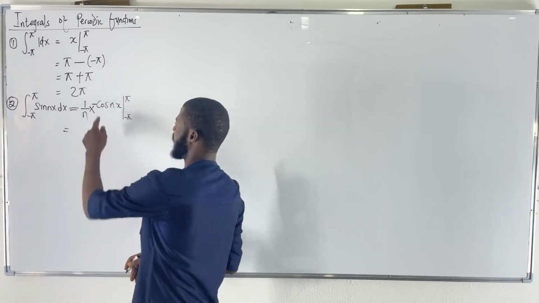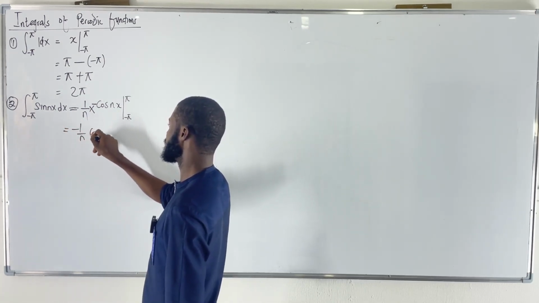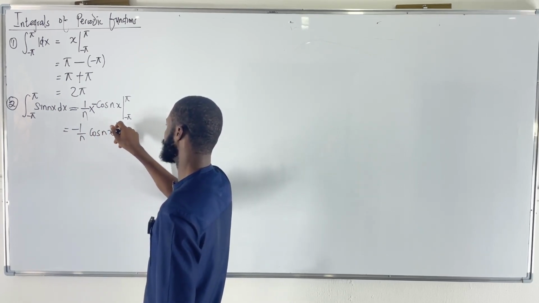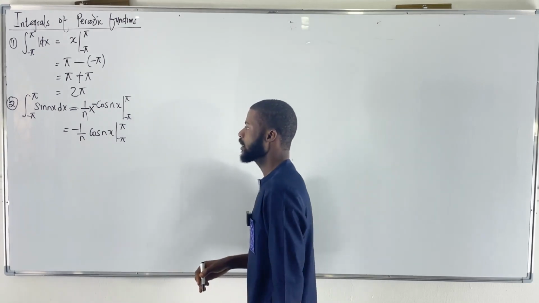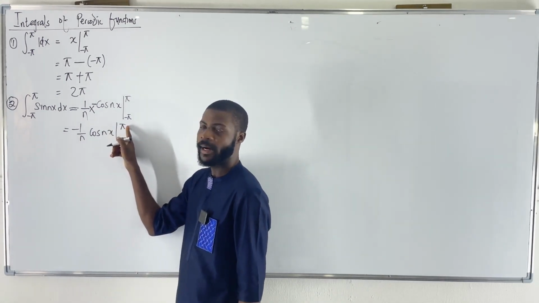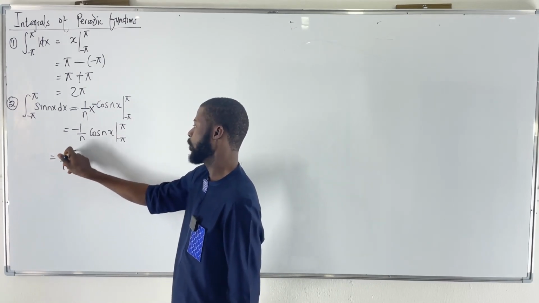Now what's common here is minus 1 over n. So this is minus 1 over n, cosine of nx from minus pi to pi. Now anywhere I see x, I'm going to call them pi. So this is minus 1 over n, open up a bracket.